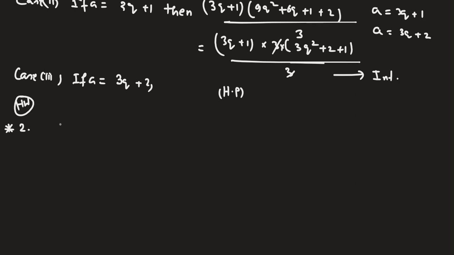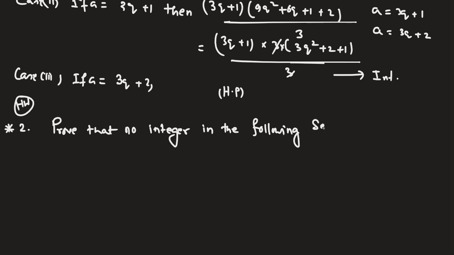Prove that no integer in the following sequences is a perfect square.